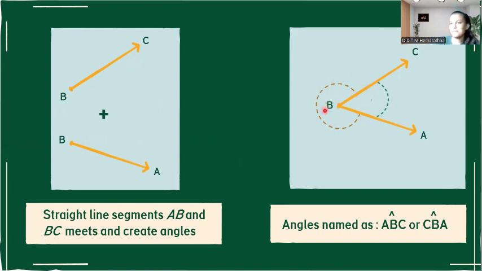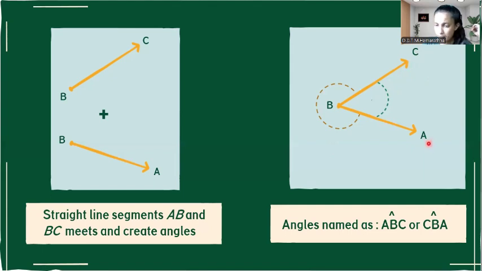Then how do we name this? You should know how to name the angles. Here we are going to learn to name them. Normally we use the English letters which we use to name the line segments to name an angle. Here we use this symbol to represent an angle. When we name an angle, we can start from this side or from this side.